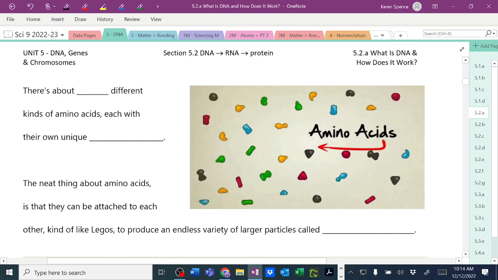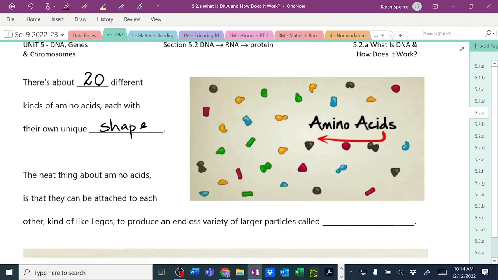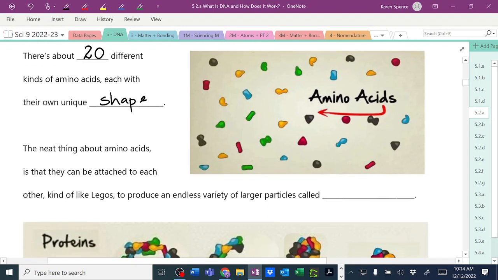Does anyone know about how many types of amino acids there are? There are about 20 different types of amino acids, each with their own unique shape. And you can see over at the right, there's all sorts of weird little different shapes. There's triangles, there's rods, there's all kinds of different shapes.